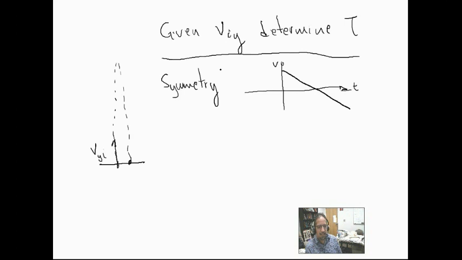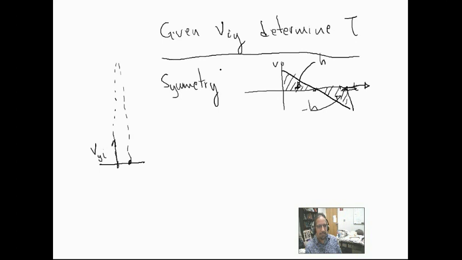It's a straight line. And the displacement, remember, is this area. So this is the height we reach. And then we have to come down. So we need to have the same height. So this area is h. And we want to come down to the ground. So this is going to be area minus h.